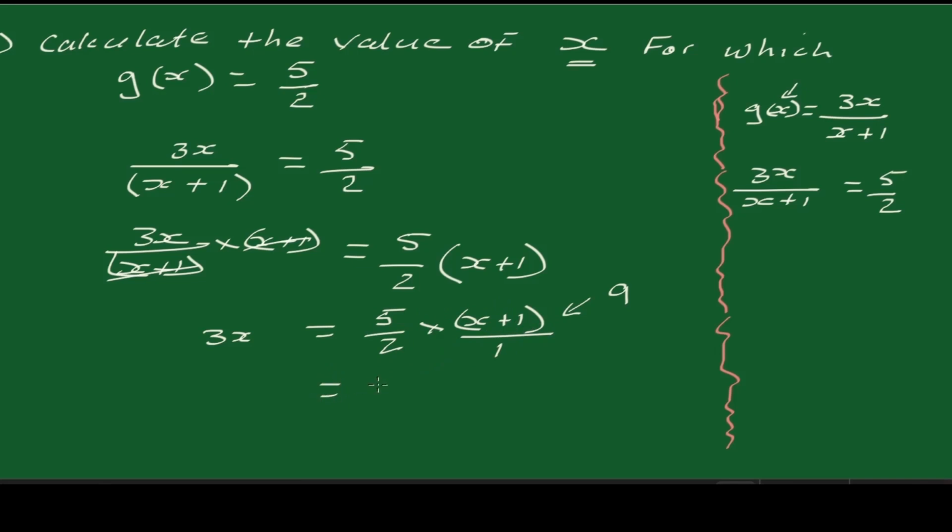So it's 5 multiplied by x plus 1 all over 1 2 is 2. Again, numerator by numerator, denominator by denominator. So this works out to be 5x plus 5 all over 2.